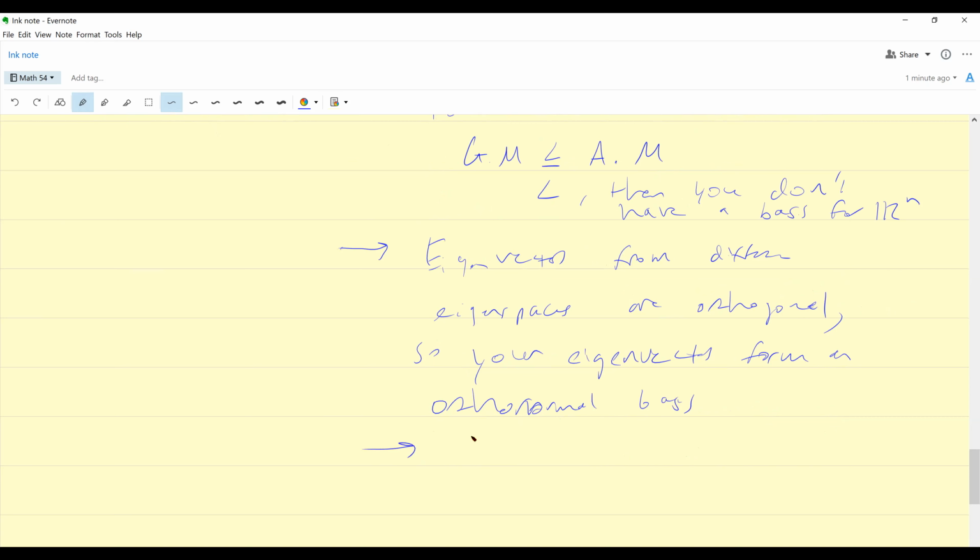And if the eigenvectors form an orthonormal basis, then we can do this diagonalization and say it's orthogonally diagonalizable.